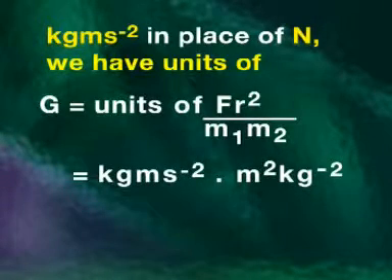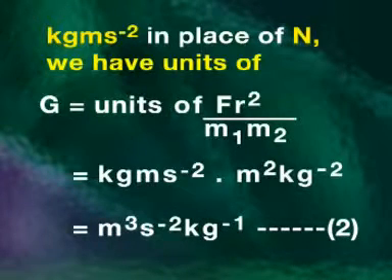This equals kilogram meter per second squared times meter squared per kilogram squared. This gives us meter cubed per second squared per kilogram. Let's represent this with 2.